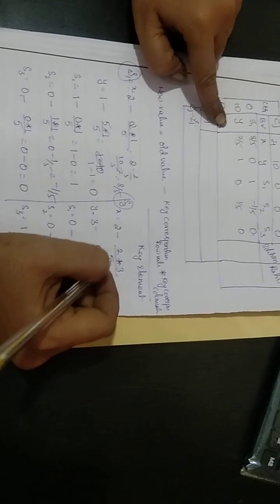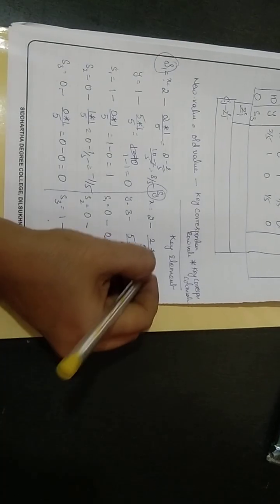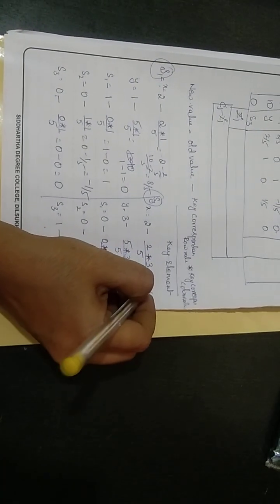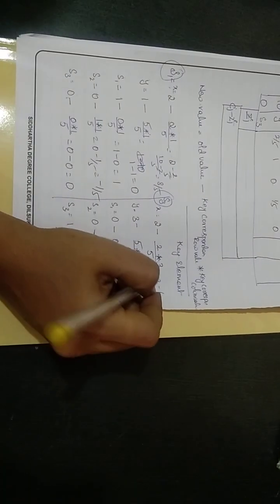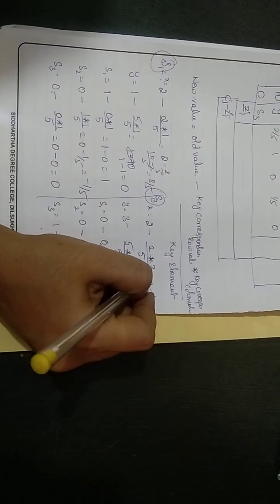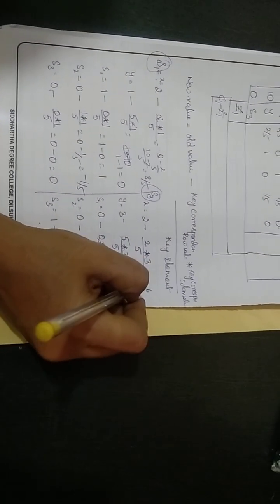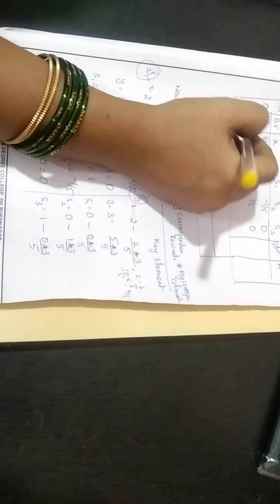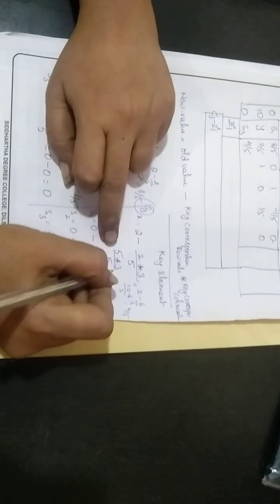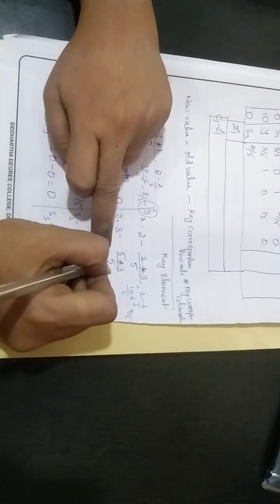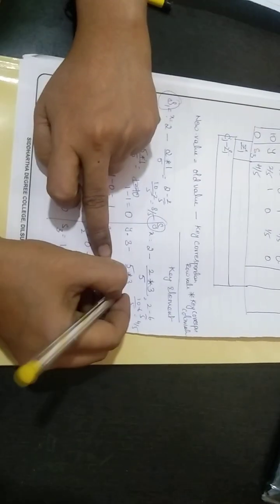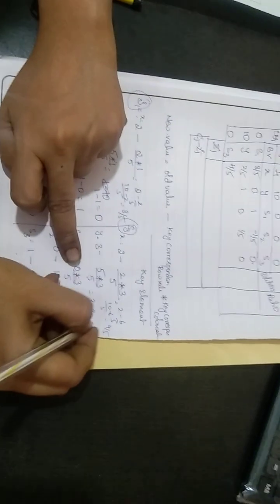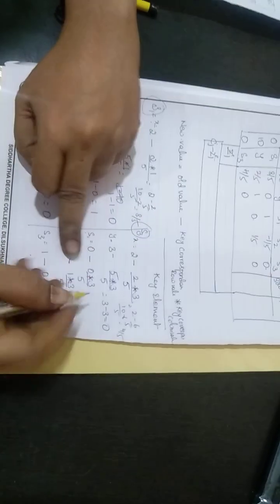Now here 2 3s are 6 and 6 by 5. So here it is going to be 2 minus 6 by 5, which I can't solve, so I'm going to cross multiply. So 5 2s are 10 again. 10 minus 6 by 5 is equal to 4 by 5. So I'm going to take the first value 4 by 5. Then here 5 3s are 15, and 15 divided by 5 is equal to 3. So 3 minus 3 is equal to 0 here.